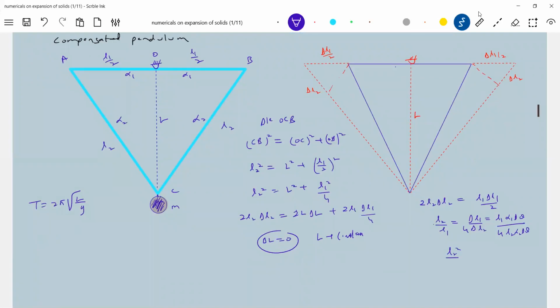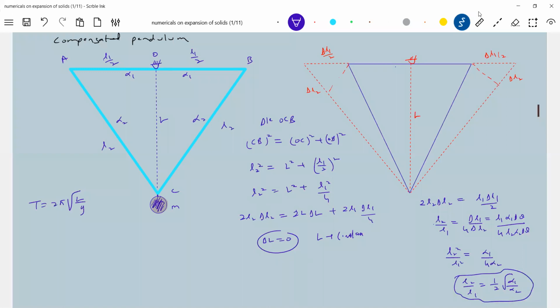Therefore what we get is L2 square by L1 square is equal to alpha 1 by 4 alpha 2. Okay, this is the condition.